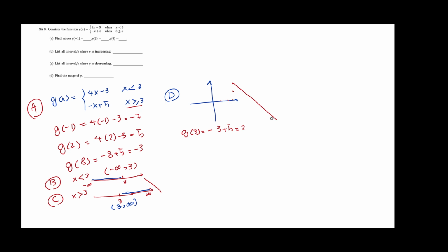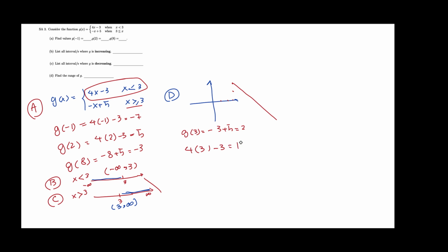Now what I need to figure out is what is happening as I get close to 3 on this other piece. I can either graph that line, or I can tell where the line ends by plugging in 3: 3 times 4. 3 is not part of that piece, but I can plug it in to find an empty point there.